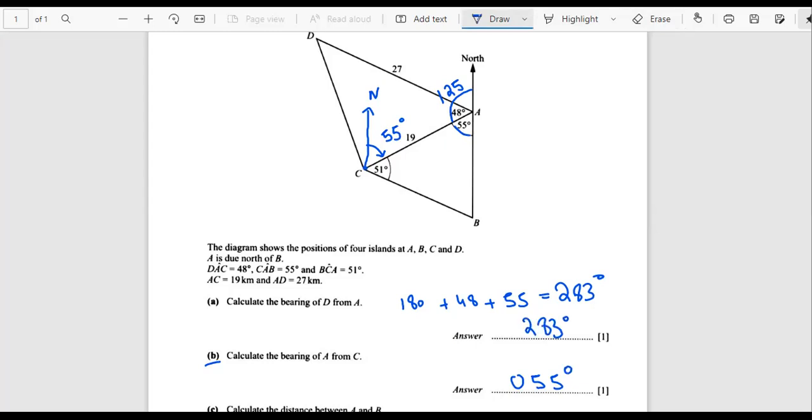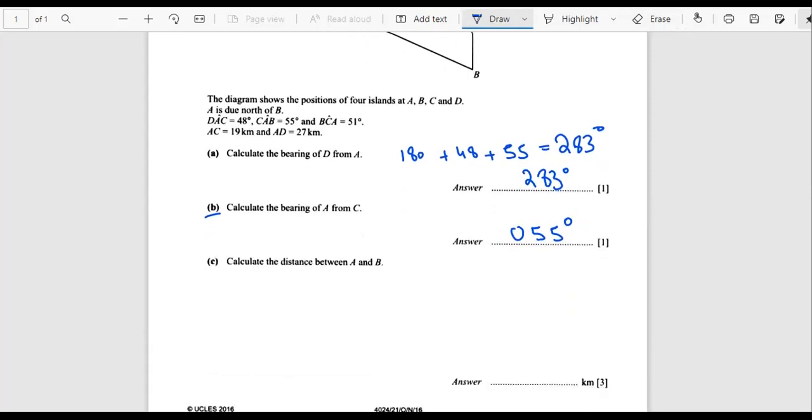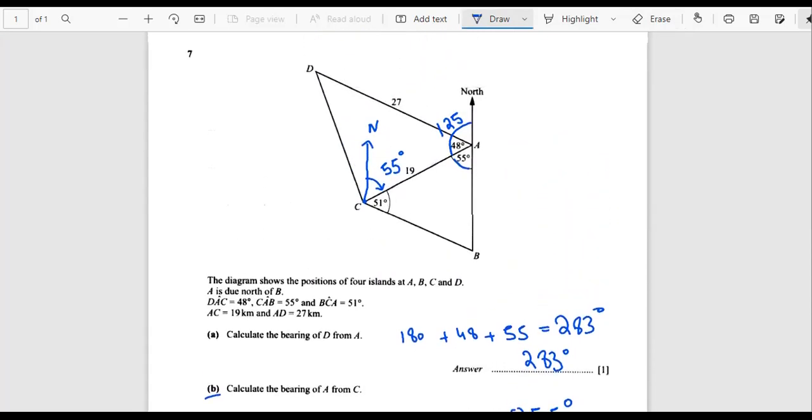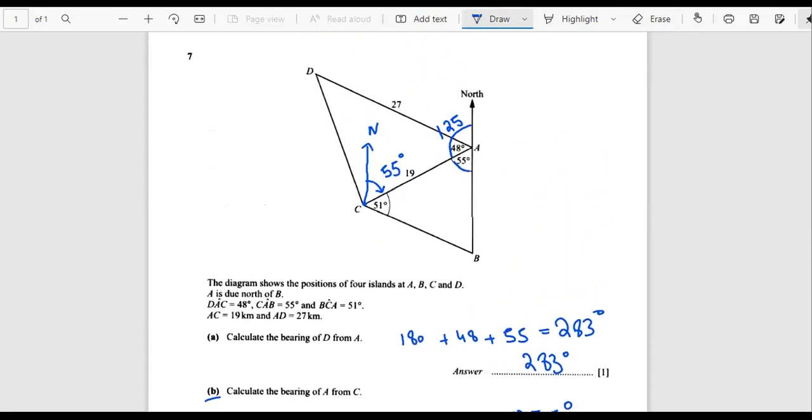Turhan, did you understand this? Yes, ma'am. Okay. And now it says calculate the distance between A and B. So we need to calculate the distance between A and B.